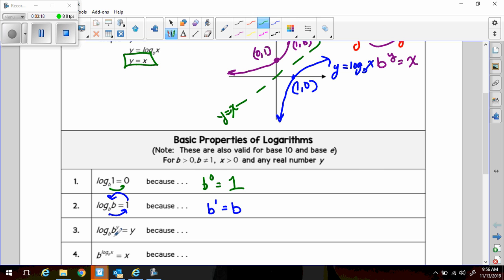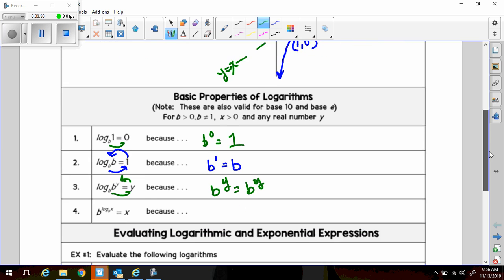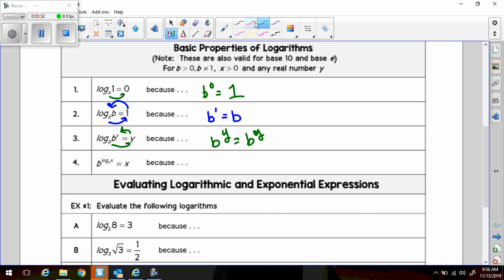Okay, b to the y is equal to b to the y. This is true. So let's try number 4. This one is b to the log base b.